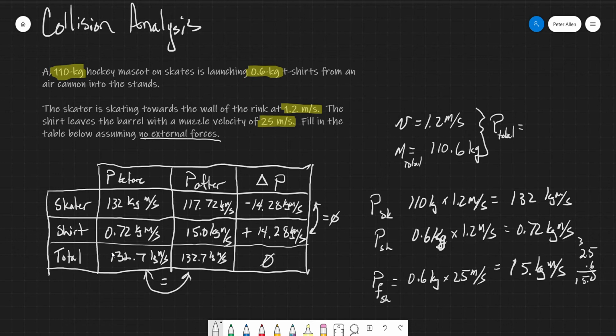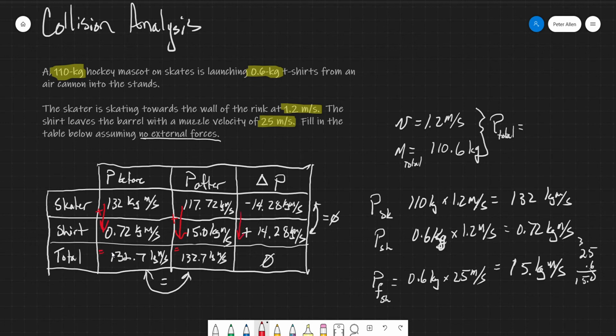Our final momentum minus our initial momentum is going to equal the change. We know that these two added together are going to equal this, and that these two added together are going to equal this.